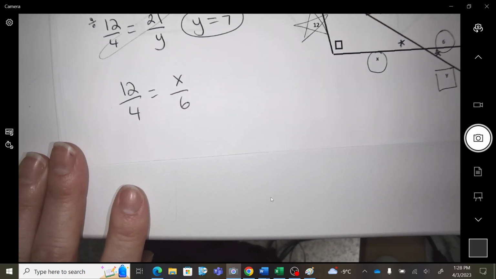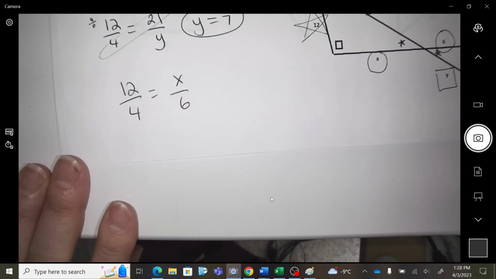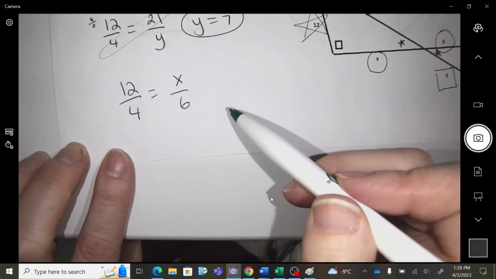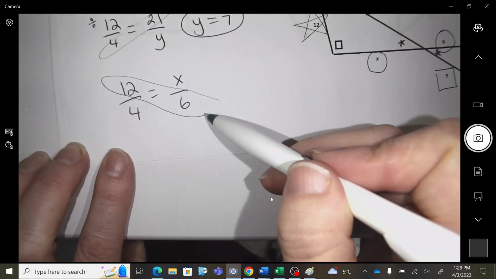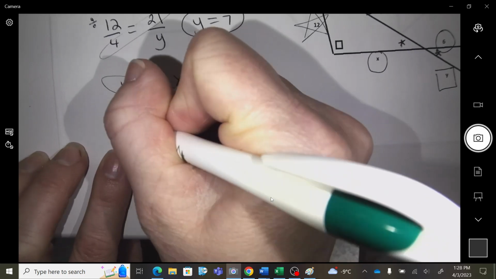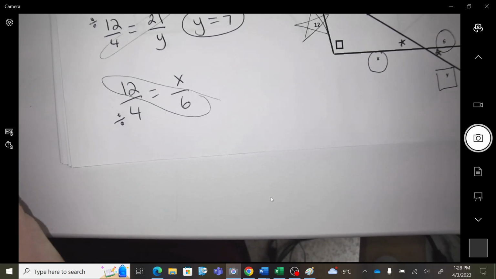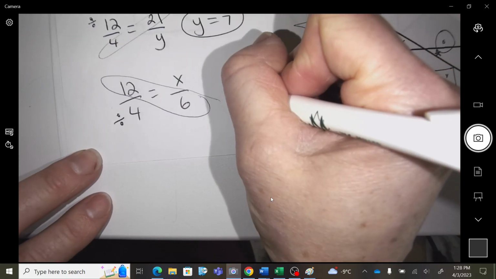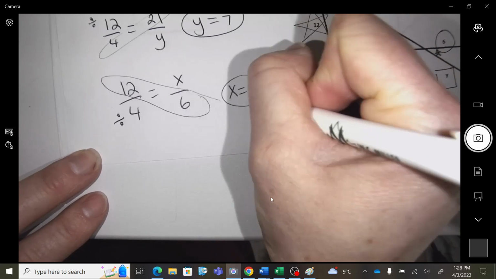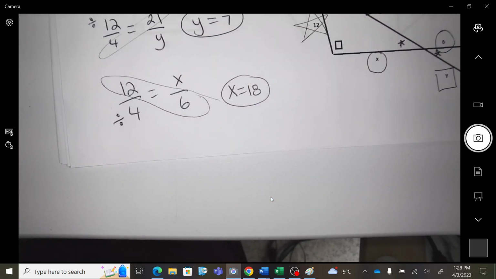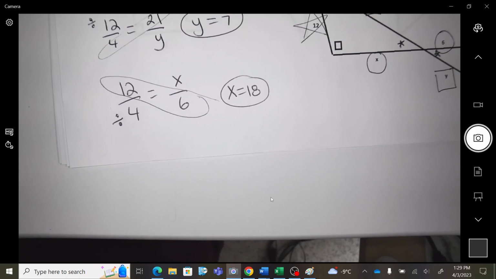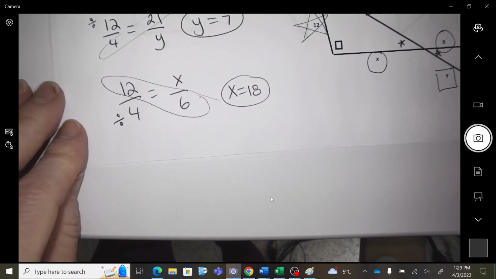You're going to pick two things to multiply and something to divide. Multiply across, divide by the leftover, I always call it. So similar triangles, matching up ratios of sides.